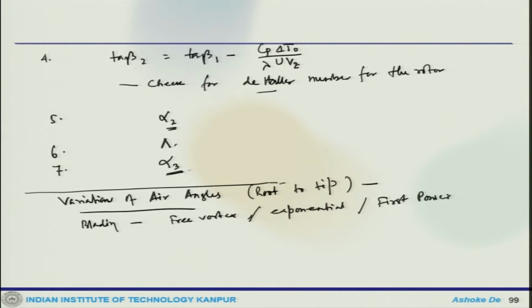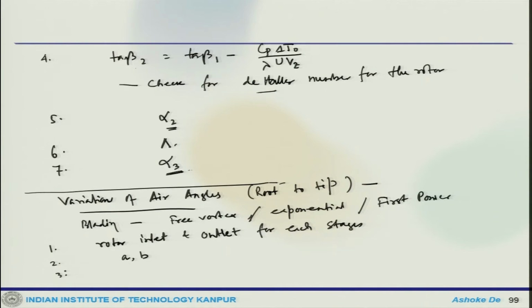So, there are three methods that estimate this kind of variation of air properties in the radial direction from blade hub to tip. First, we calculate the dimensions at the rotor inlet and outlet for each stage, then we calculate the values of constants like A, B and all this.